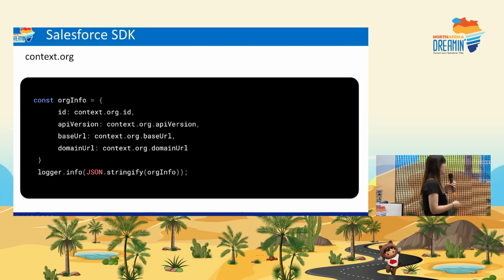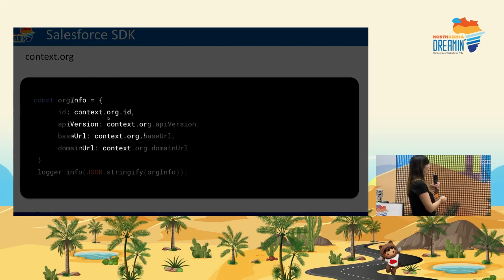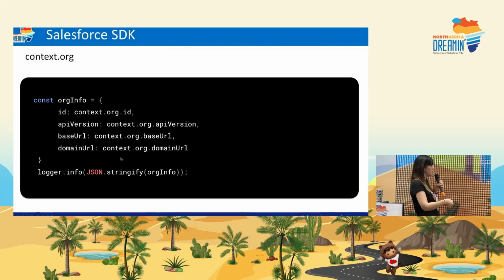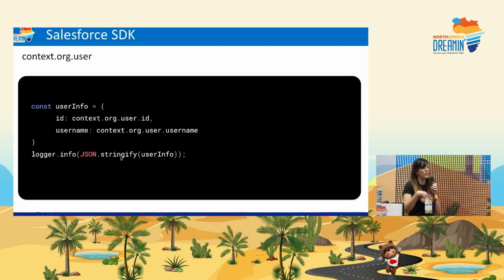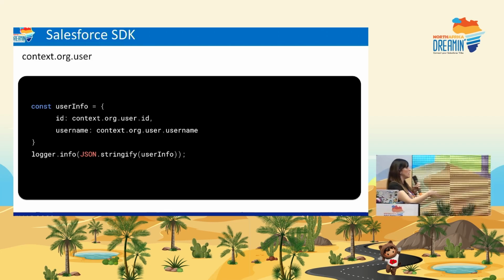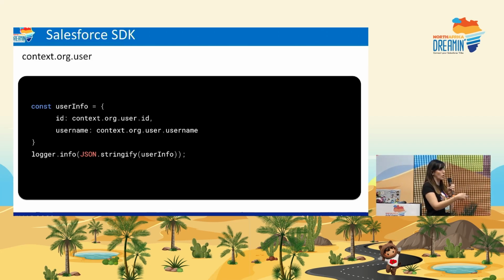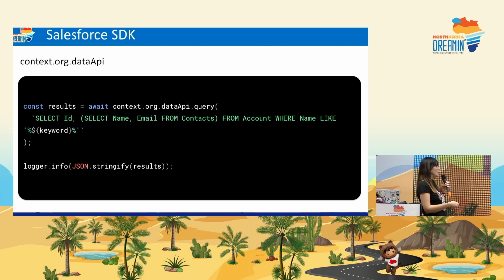Something that you can get from that context parameter is the information about your org, for instance, the API version in which you are running your org, or the base URL for your org, and some more information. You can also get information about the user who invoked the function. You can also execute queries.